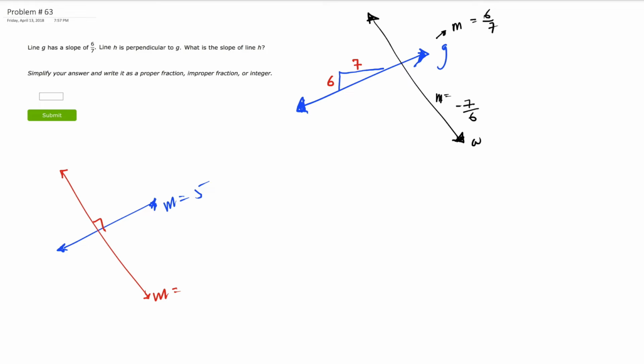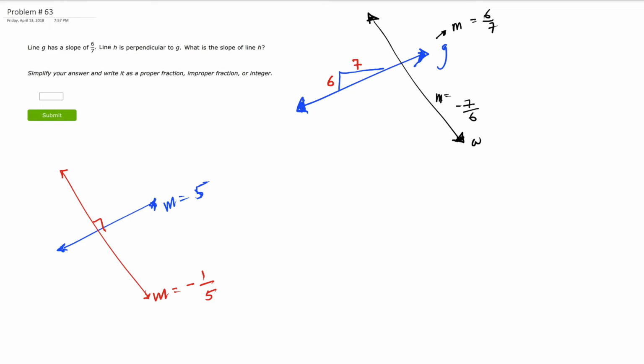If this slope is 5, what's going to be the slope over here? -1/5. What did you do on paper? Okay, you flipped it. Okay, cool. That's it. All right, so are we ready to do the lesson?